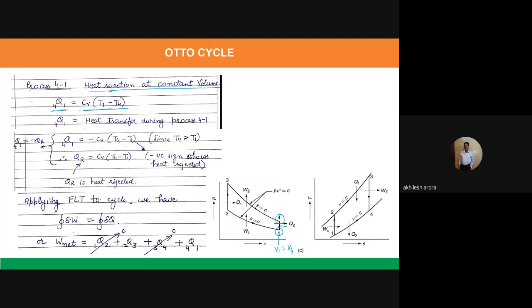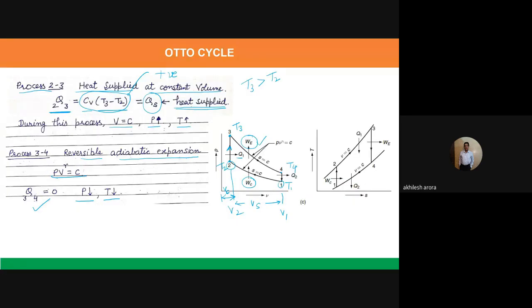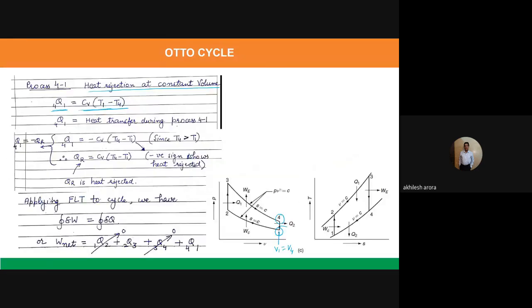Like here, when we were supplying the heat, we wrote final temperature minus the initial temperature, T3 minus T2. Similarly, here also, during the process 4 to 1, the final temperature is T1 and initial temperature is T4. So T1 minus T4. But you should remember here, the temperature T4 is greater than T1.